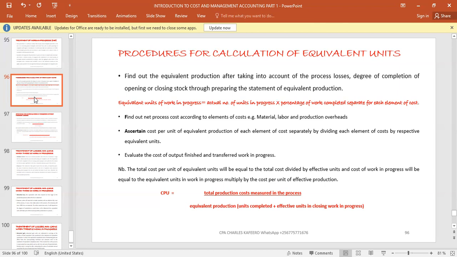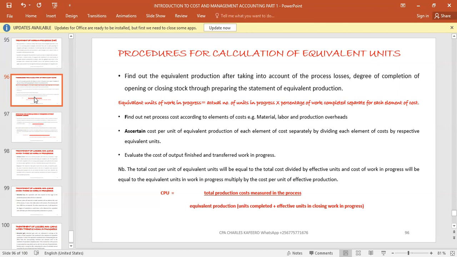Maybe to give you just a brief idea so that you get a picture. What happens with FIFO if there is opening work in progress? We first make an assumption that what came in first should be completed first.